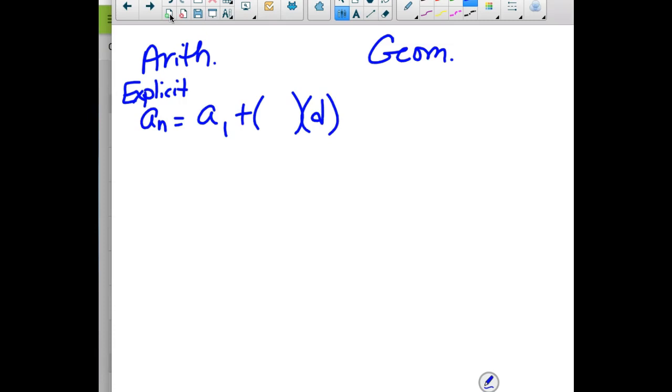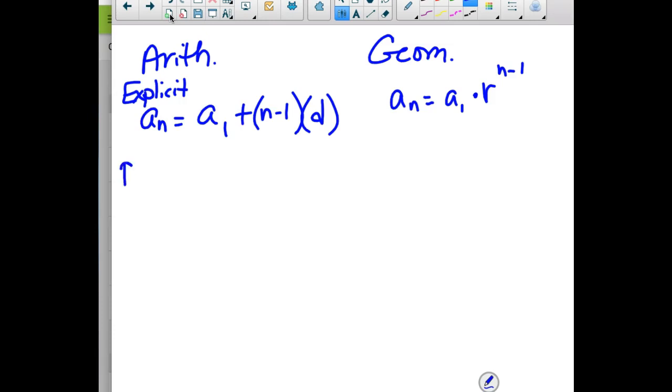If we're starting with the first term, n minus 1. Yep, we're always off by 1, right? Because we already know the first term. Okay. Geometric. What does it look like? A sub n equals, yep, a sub 1 times r to the n minus 1. Okay? Those are your explicit ones.